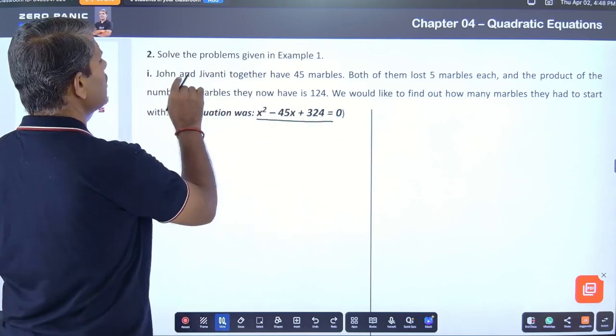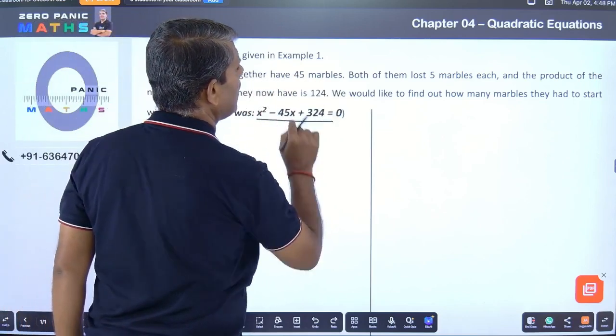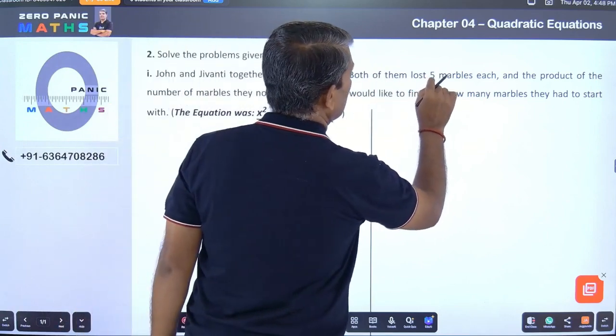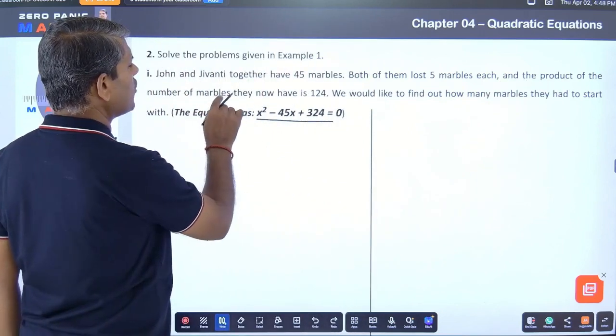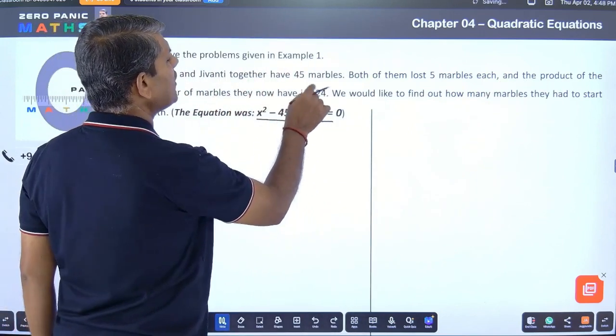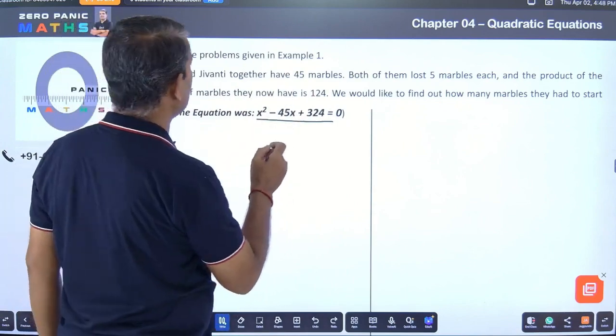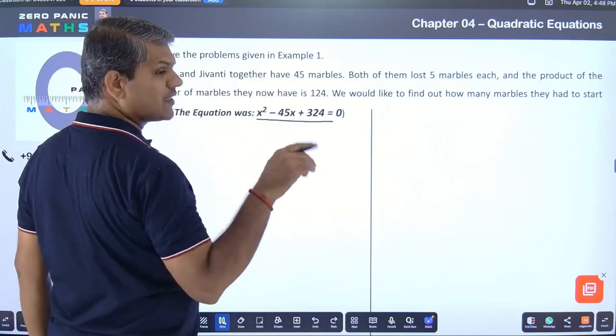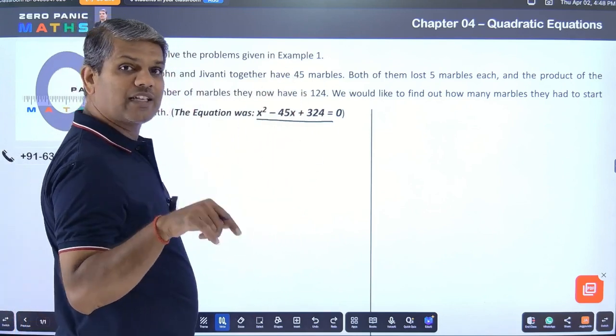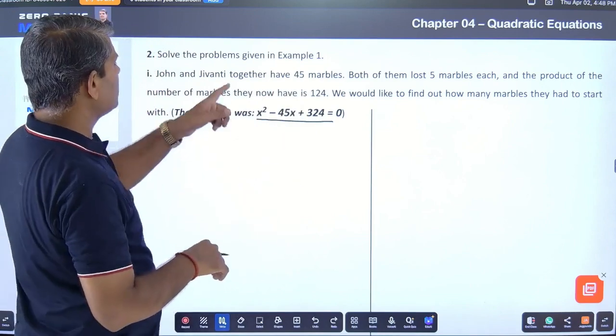Let us read that. John and Jivanti together have 45 marbles. Both of them lost 5 marbles each, and the product of the numbers of marbles they now have is 124. So we considered John's marbles as x, then 45 minus x were the marbles with Jivanti.